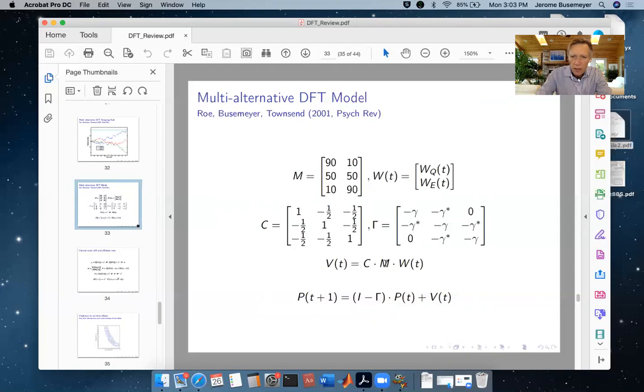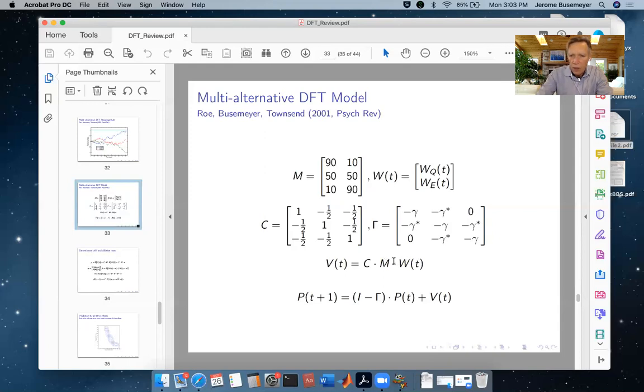If we just look at this first term, we've got the M times the W, that matrix product. This is a 3x2 matrix times a 2x1 vector. What that's computing is a weighted utility for each option, except that weighted utility is random.